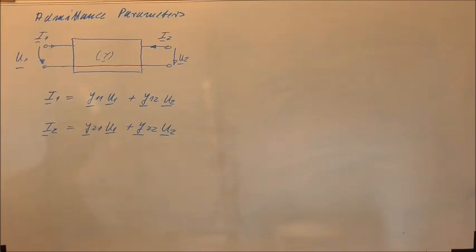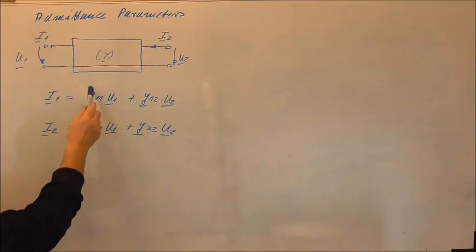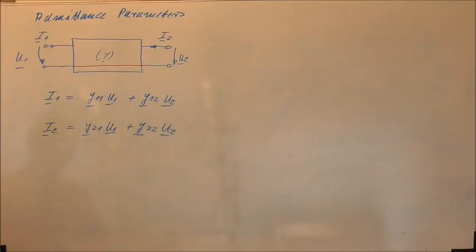And here we have the defining equations of the Y parameters, and from the defining equations we can now, for example, have a look at how the parameter Y11 is defined.